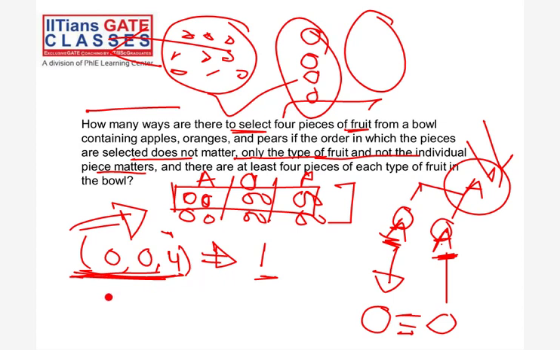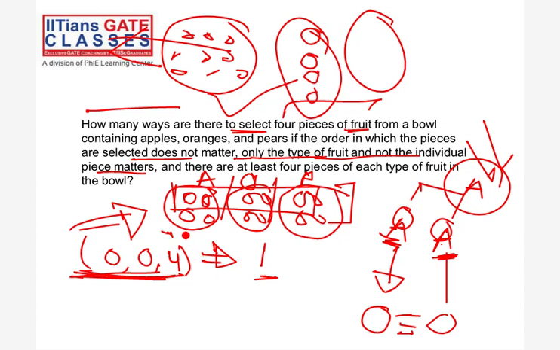Got it? Okay, so basically all these are identical. You can think like this: all apples are identical. When you think of all the apples as identical, then it does not matter which apple you are picking. The only thing that matters is how many apples you are picking.